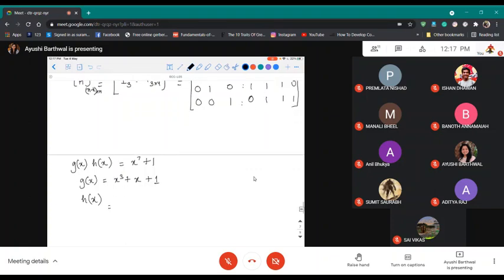So for finding h(x), you have to divide x raised to the power 7 plus 1 by x cube plus x plus 1. Tell me what will be the value of h(x).